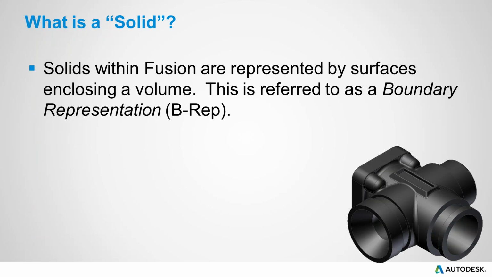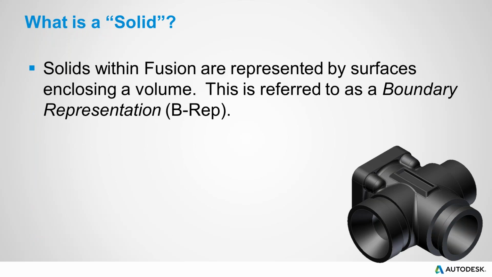First, we'll look at how a solid is represented inside Fusion. So what is a solid? A solid isn't really solid. Solids are represented in Fusion using what's called a BREP, or boundary representation. That term comes from the fact that a solid is really made up of a bunch of connected surfaces.